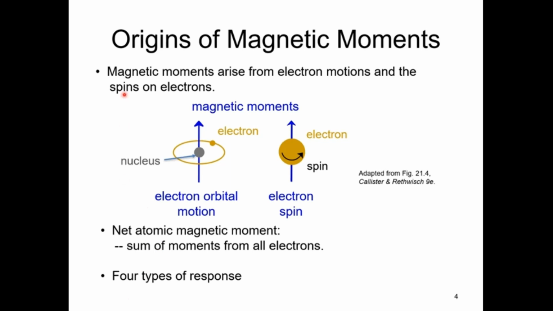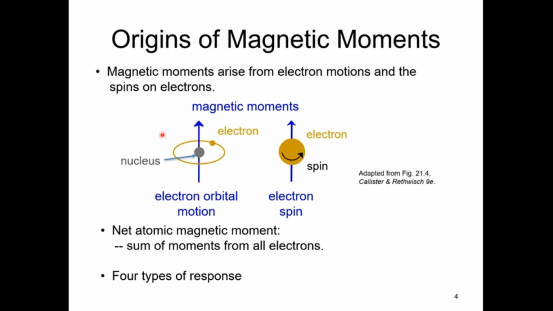The magnetic properties of a material are the consequence of magnetic moments associated with individual electrons. Each individual electron reacts to the magnetic field applied to it. So we can visualize this individual electron motion by looking at these two images here.